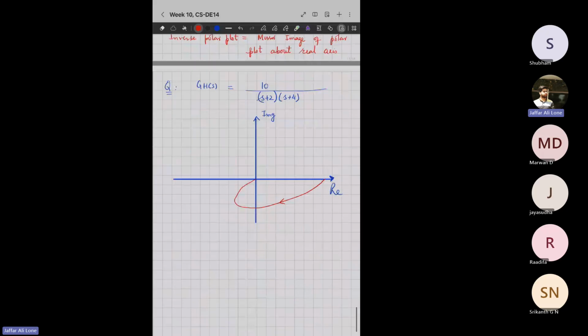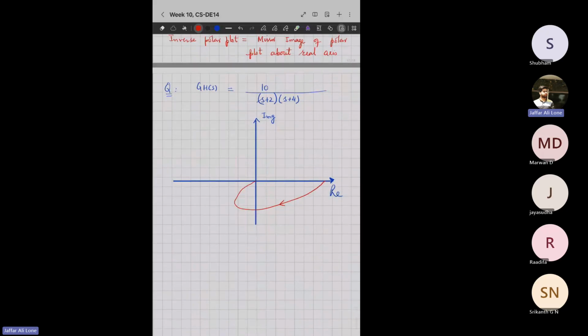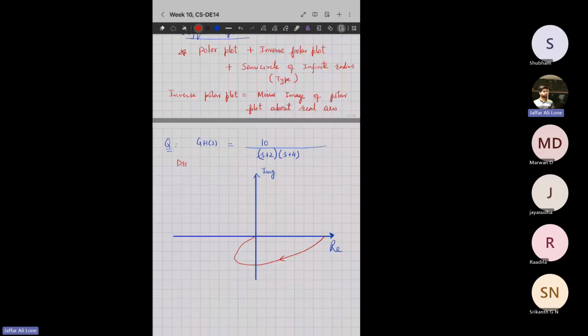Now we have to draw the inverse polar plot because we are drawing the Nyquist plot. So, draw the Nyquist plot. For that, I draw the polar plot. Now I'll draw the inverse polar plot. And what's the inverse polar plot? The mirror image of the polar plot across the real axis. And you also have to change the direction of the arrow.